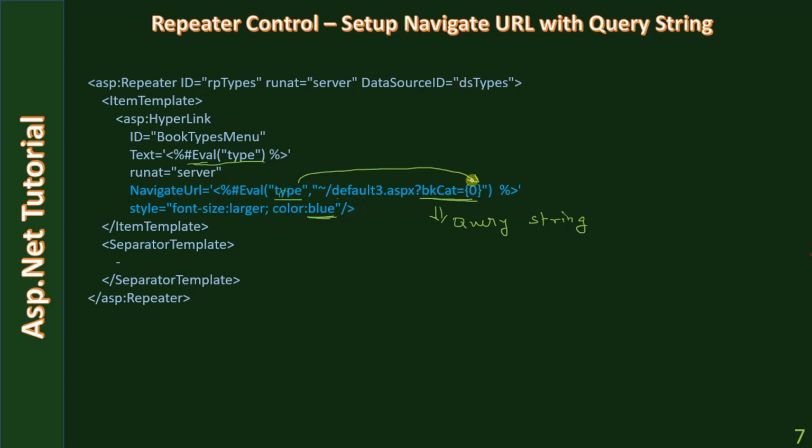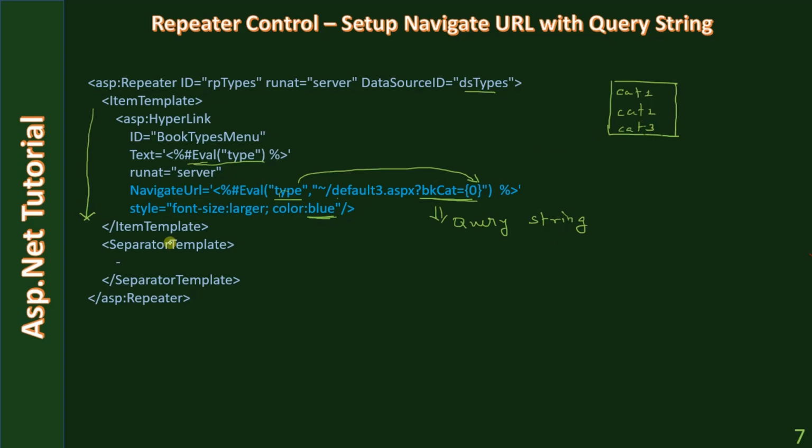Say for example, when you are forming the horizontal menu, remember this is the item template, right? And this item template will read the content from our data source. Our data source is DS types that will display the book category, say category 1, category 2 and category 3.